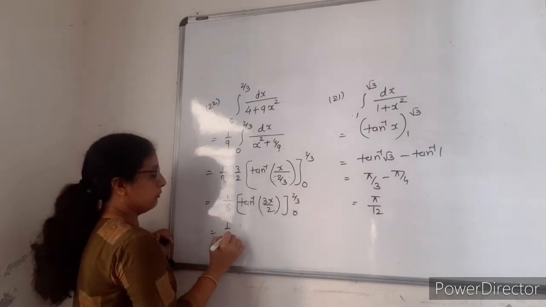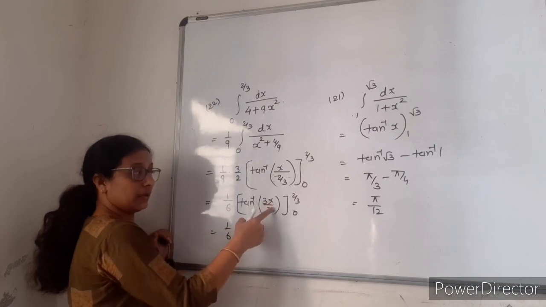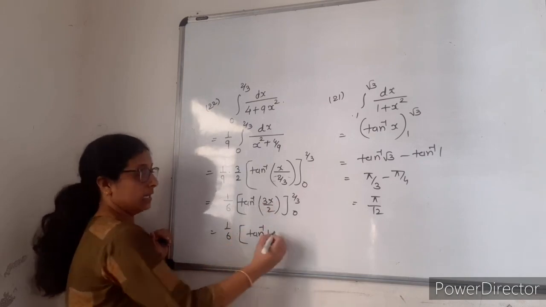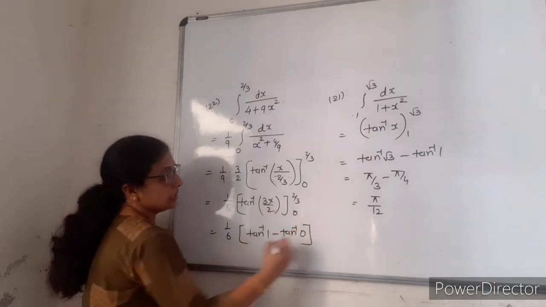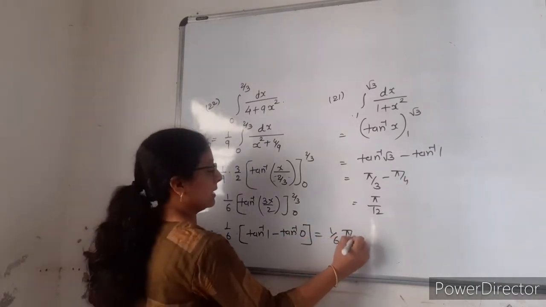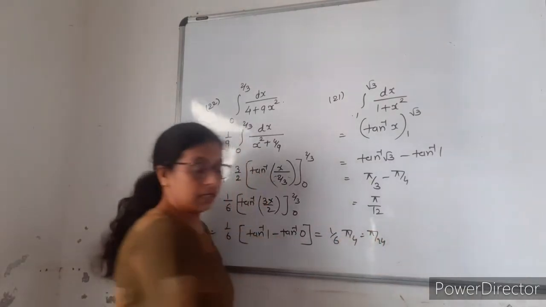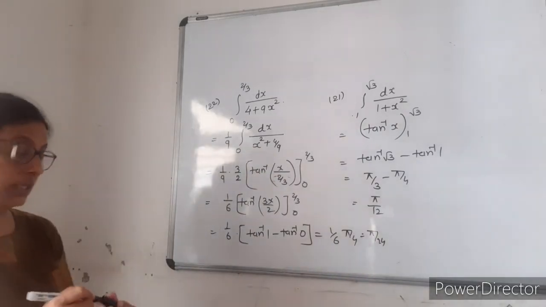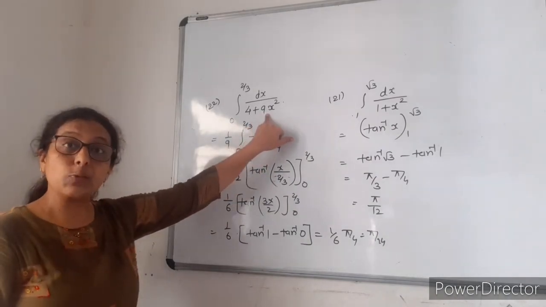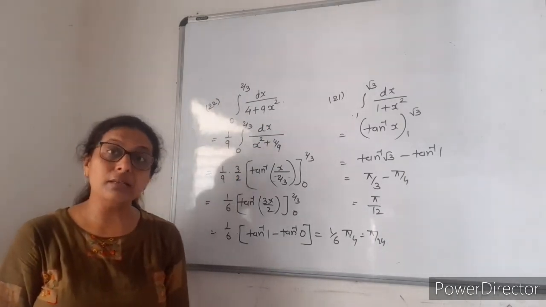When you apply the limit, tan inverse of x is 2 by 3, so 3 by 2 into 2 by 3 cancels and gives 1, minus tan inverse 0. Tan inverse 1 is pi by 4. So 1 by 6 into pi by 4 minus 0, that is pi by 24. That is our option, C option is correct. So be careful: whenever the coefficient of x square is given, you have to take it common and then do it. Understand everyone? Yes.